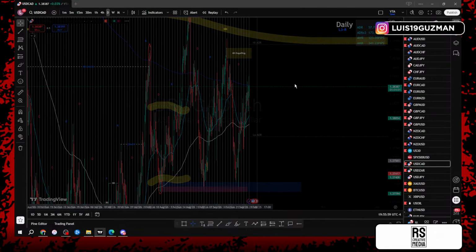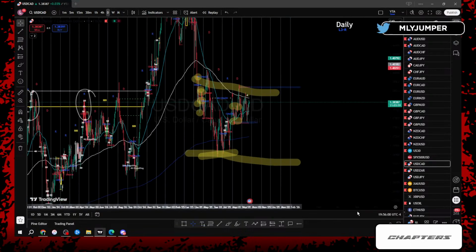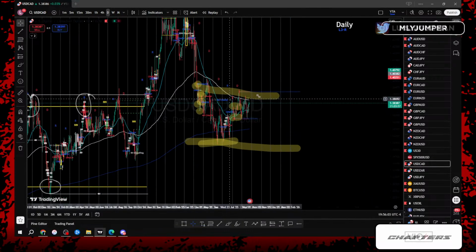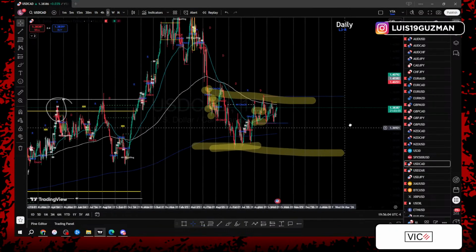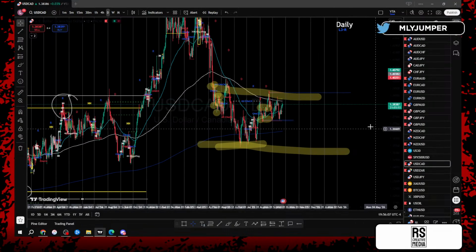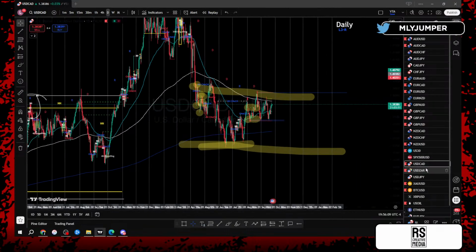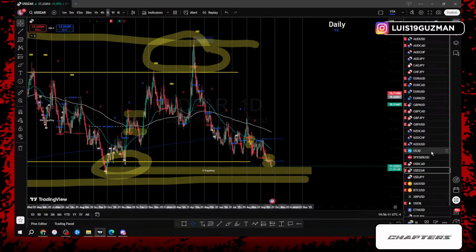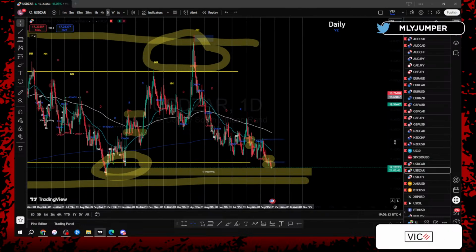So we'll be patient with USD CAD. Once we start trending, I'll start looking to take those trades. But trading in those smaller time frame zones of consolidations, we'll wait for price to either give us rejections to continue, or we'll wait for the breaks.